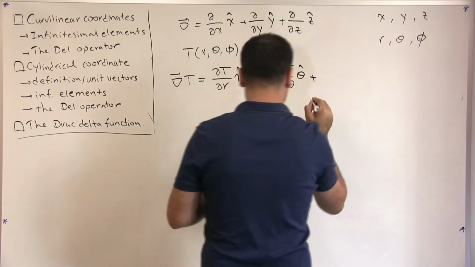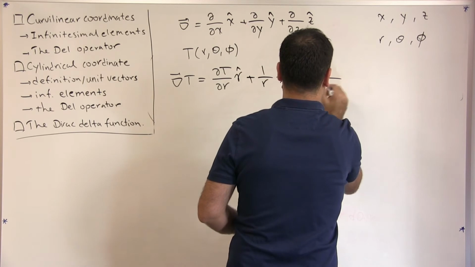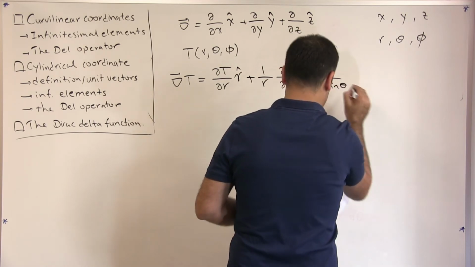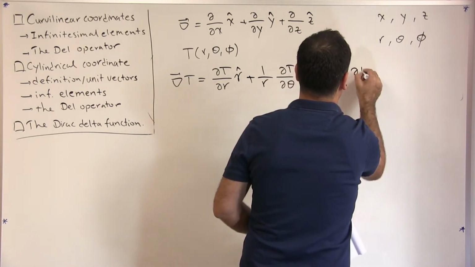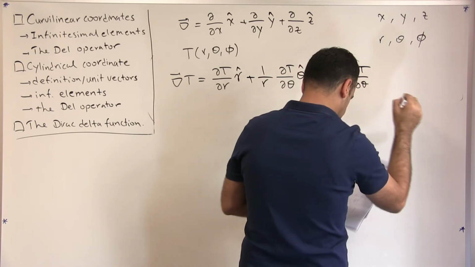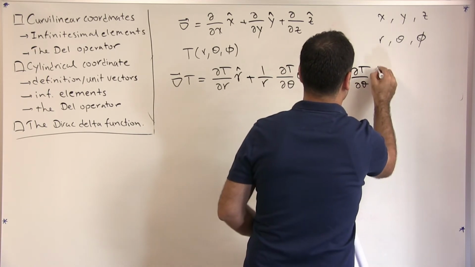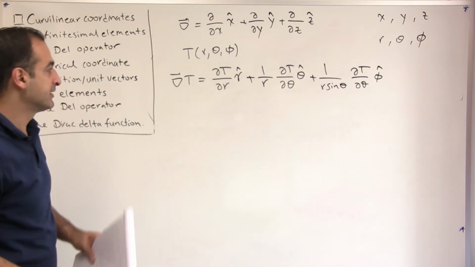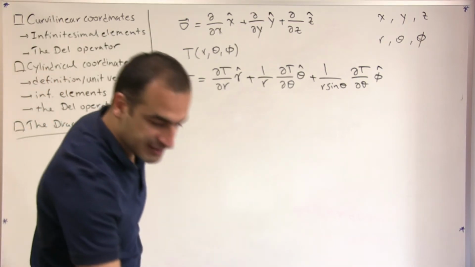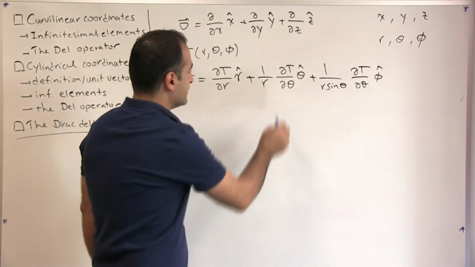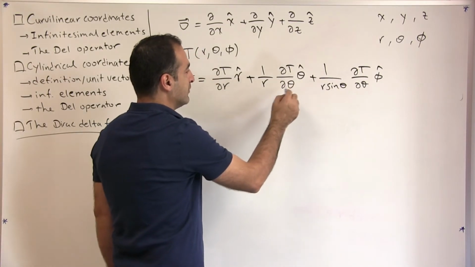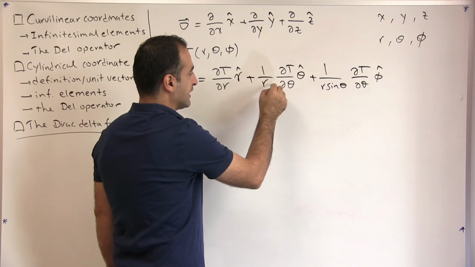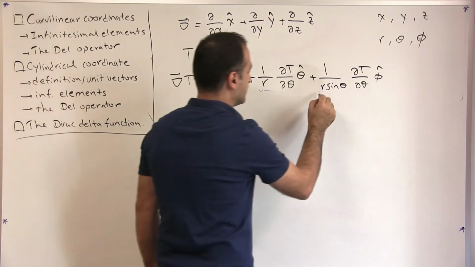And for the azimuthal angle, we have r sine theta dT over d theta times phi hat. So this is the gradient in spherical coordinates. The main difference that you see is that we don't have only the derivative and unit vector. We have some prefactor here as well.